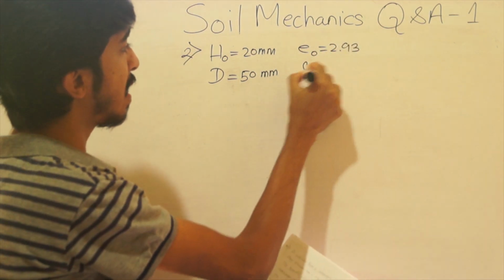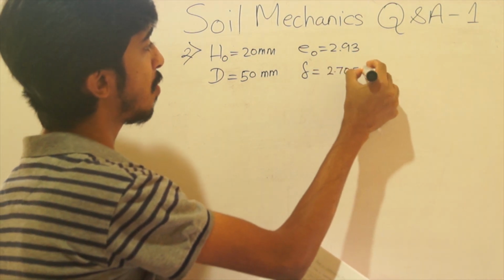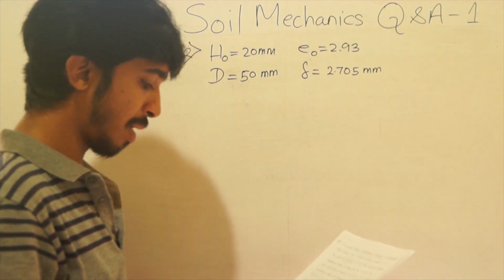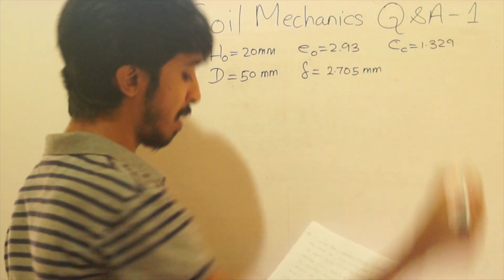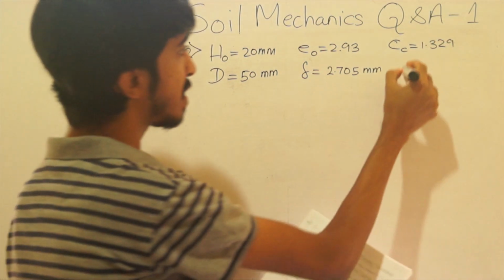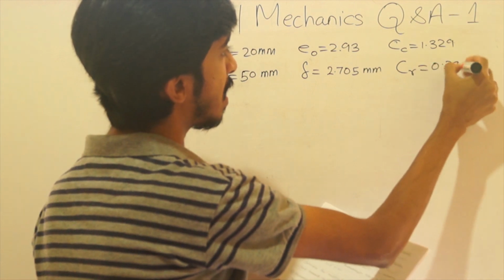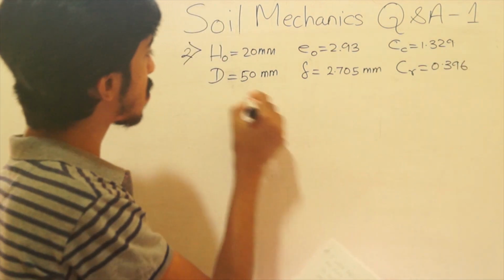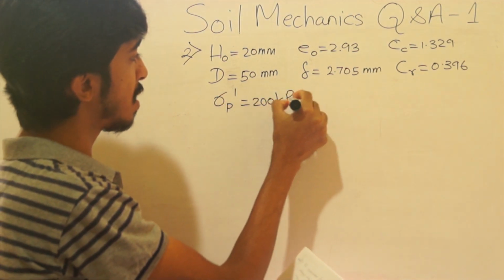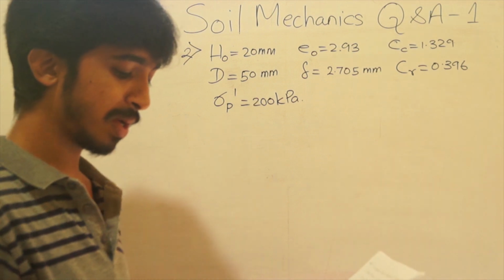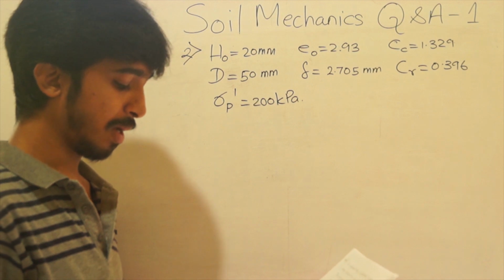The total settlement delta during the practical is 2.705 mm, the compression index CC is equal to 1.329, the recompression index CR is 0.396, and the pre-consolidation pressure sigma P dash is given as 200 kilopascal. So these are the details given to us from the laboratory practical.